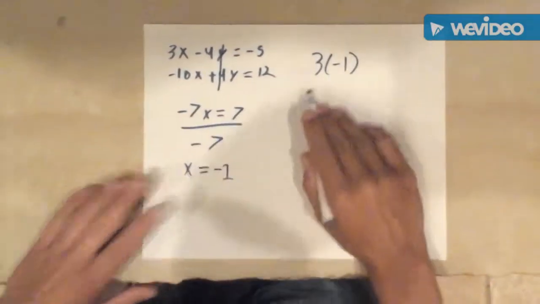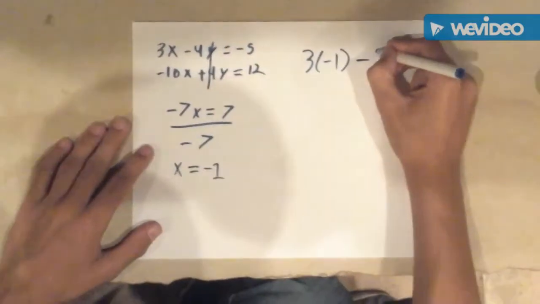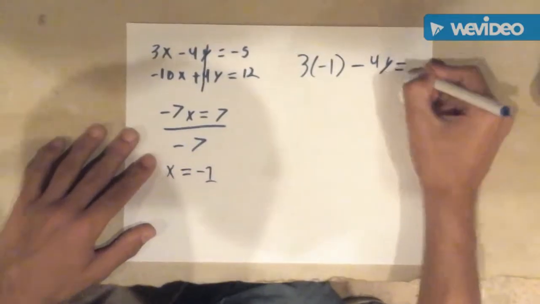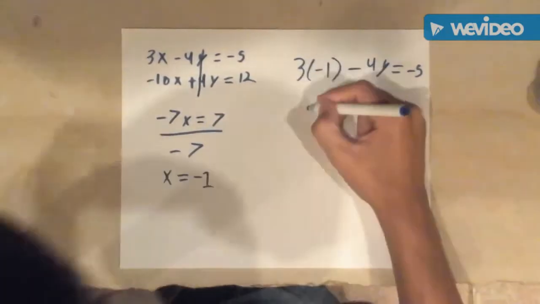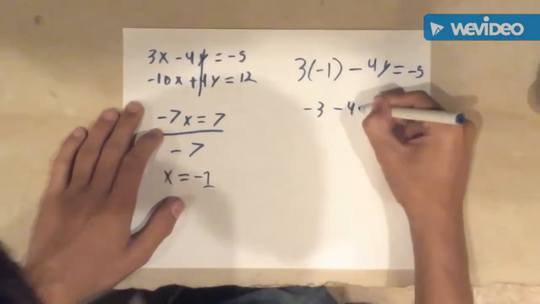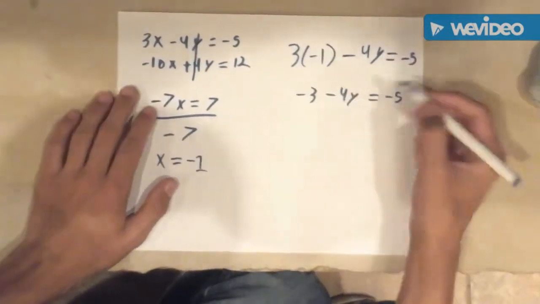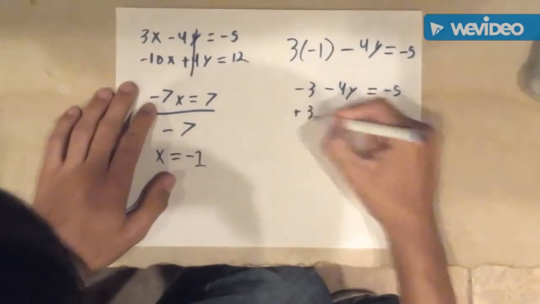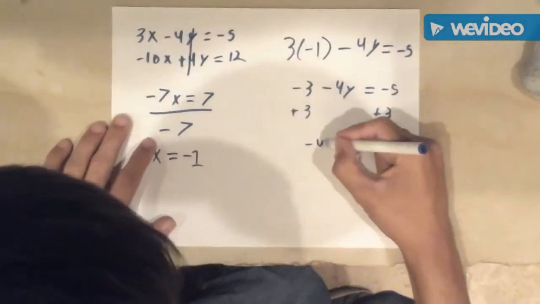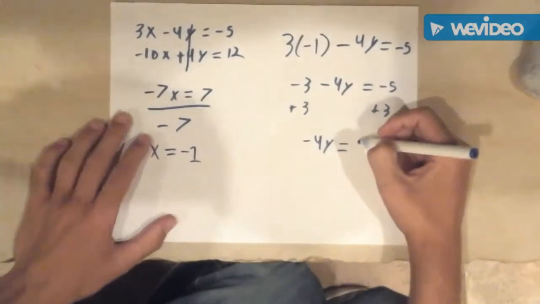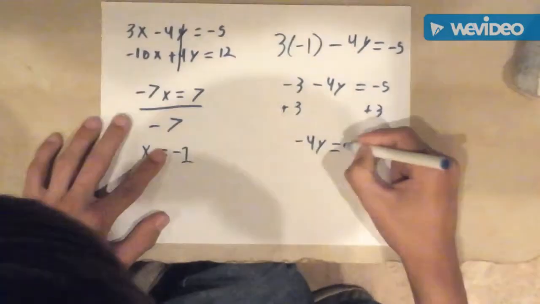Let's plug it in. We have 3 times negative 1 minus 4y equals negative 5. So, negative 3 minus 4y equals negative 5. We will add 3 on both sides, ending up with negative 4y equals negative 2.